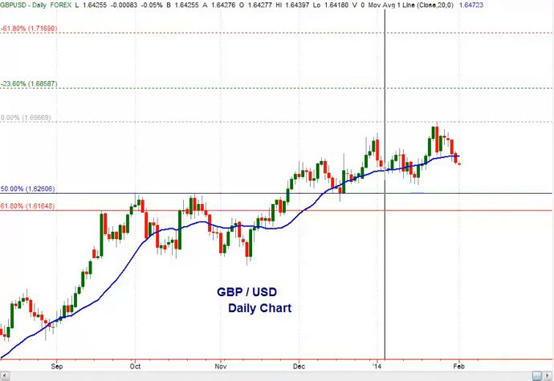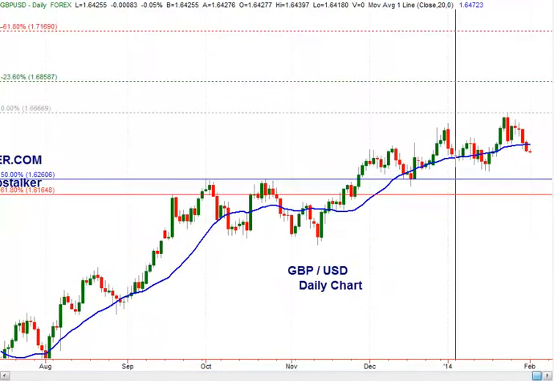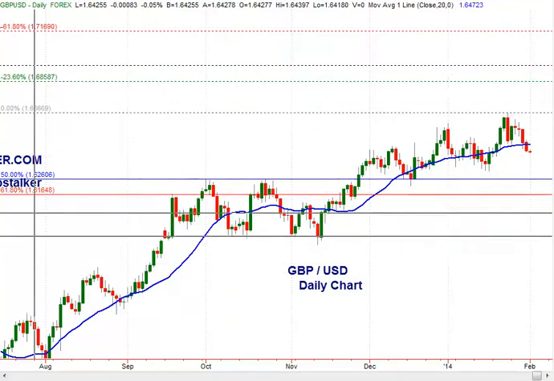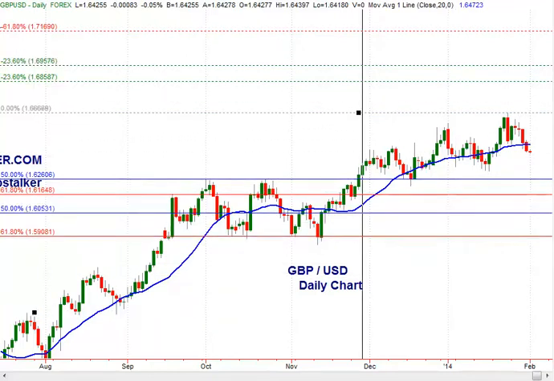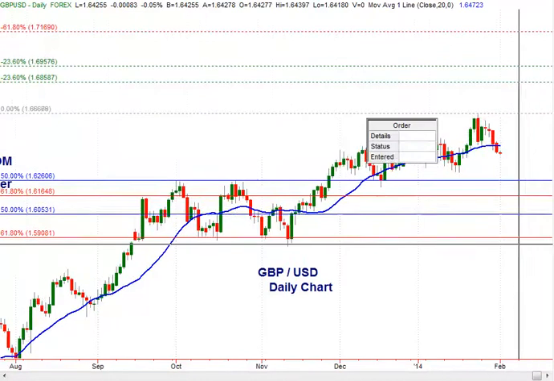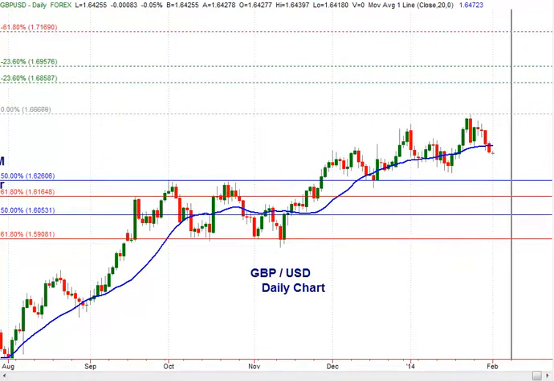In case 161.64 fails, then we are going to stick to our initial scenario, and if that happens, I believe that when the euro reaches the 129.70, the price of the pound will actually reach the 160.53. So that's where we can see price if the two levels that I showed you before fail for this pair.